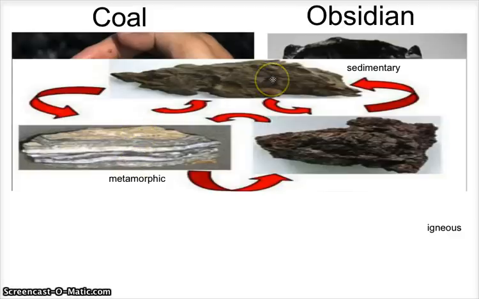Sure, you get some pressure that compresses them here, but the stripes right here are characteristic of metamorphic. And this, of course, is going to be igneous. It is lava or magma which has cooled, and that's a little bit about what it looks like. Well, I hope you have learned a little bit about the rock cycle.